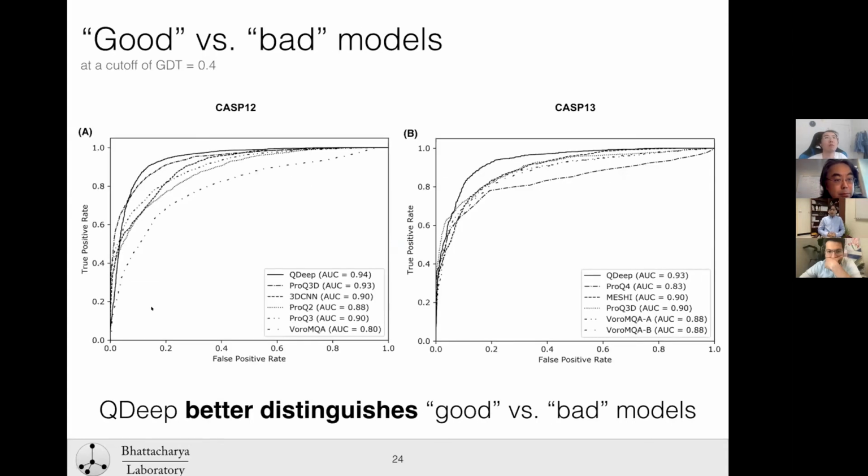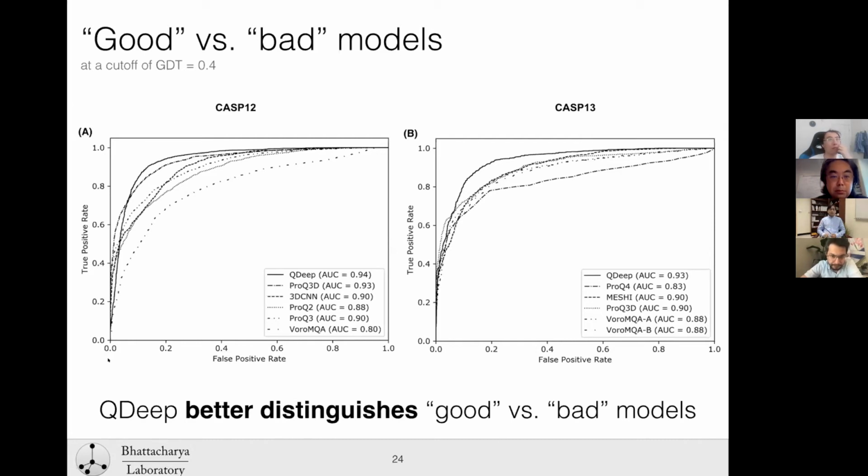One of the other desirable properties of any quality estimation method is its ability to distinguish good versus bad models. The distinction between good and bad is relatively arbitrary, but we chose a GDT threshold cutoff of 0.4 to classify a model as good or bad. And we studied how reliably various quality estimation methods can distinguish good versus bad models.